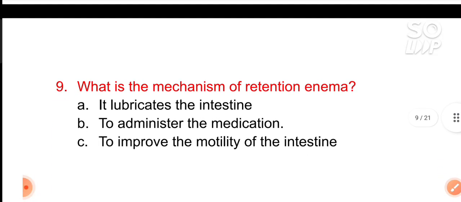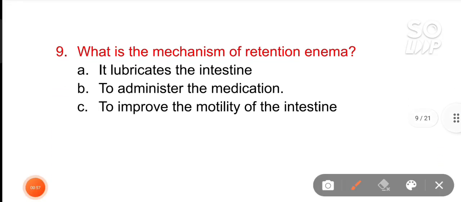The next question is, what is the mechanism of retention enema? There are so many types of enema, and among them one type is retention enema. What is the mechanism and the purpose of giving the patient this kind of enema?